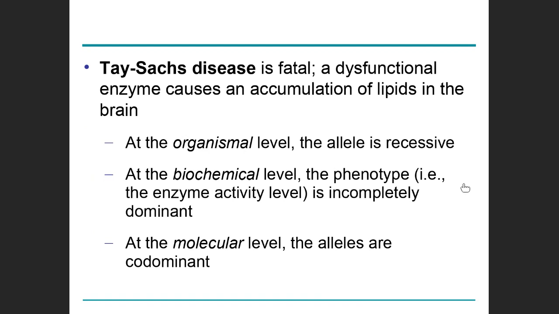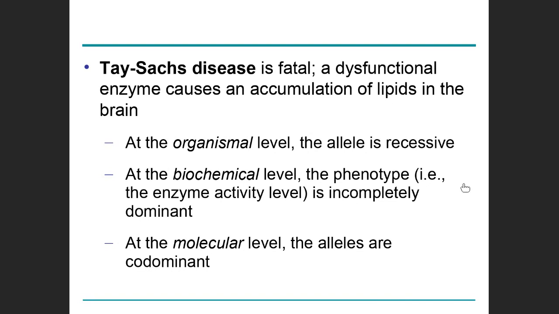So this disease, Tay-Sachs disease, is a fatal disease, unfortunately. A dysfunctional enzyme causes an accumulation of lipids, of fats, in the brain. Now the brain already does have a lot of fat in it, because all the neurons are wrapped with the myelin sheaths, which are lipids. So there's already a lot of fat in the brain, but excess fat leads to the death of the brain.